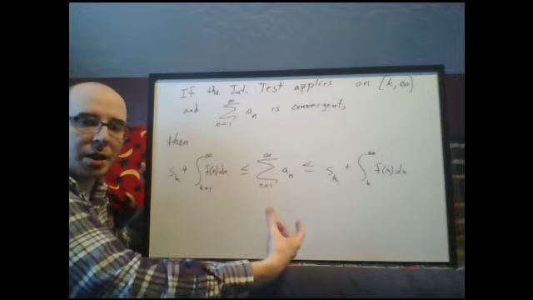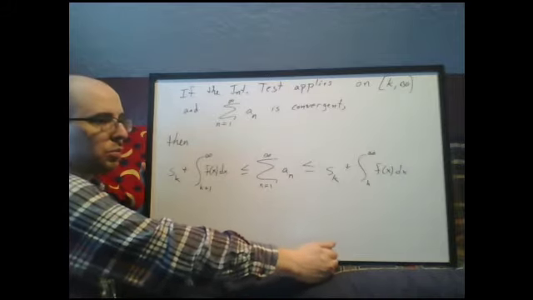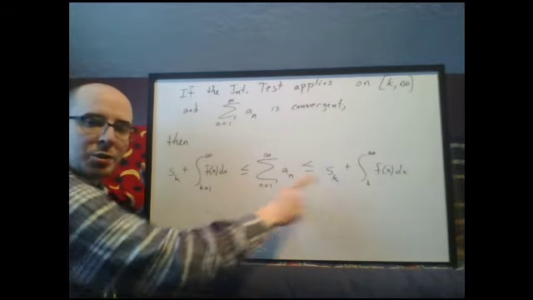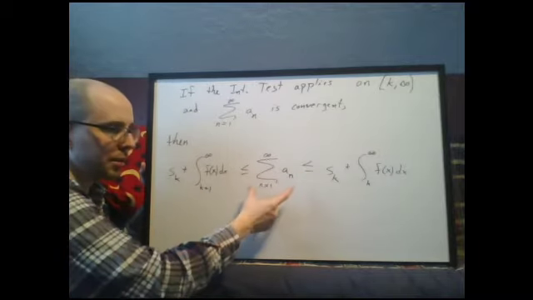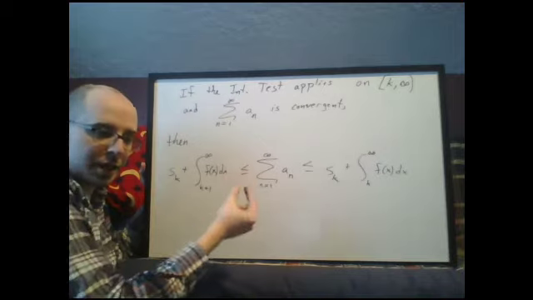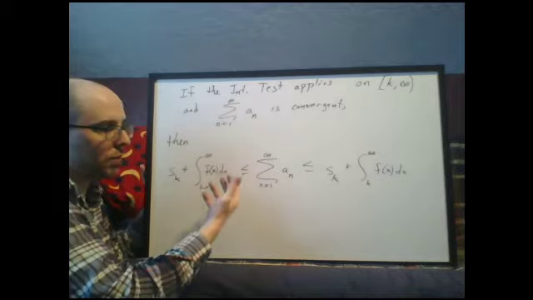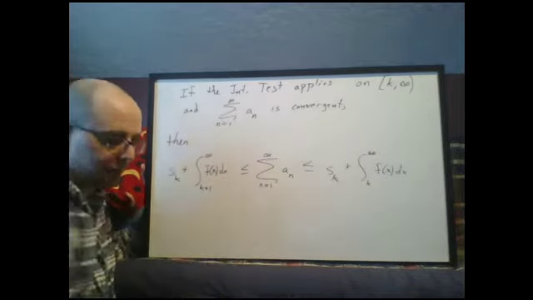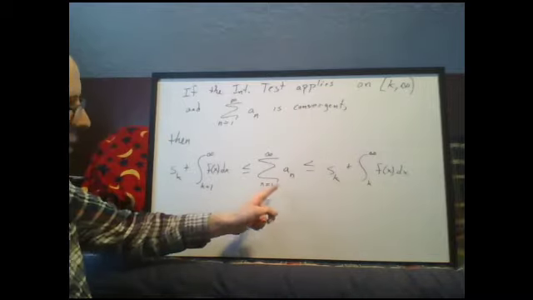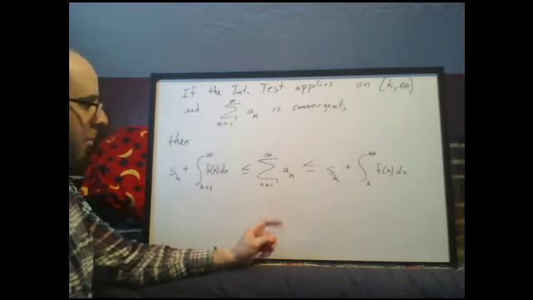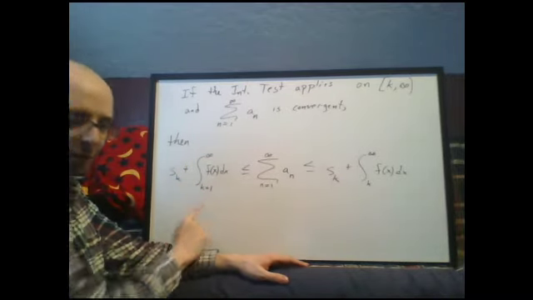And once I answer that question, I can figure out how big of a k I should use to trap the exact value between these two numbers. And then I can compute these two and say the answer for this series is within whatever decimal place, whatever error I want of this number here and this number here. Okay, so we can estimate this to whatever accuracy we want by picking a large enough k and then computing a partial sum and an improper integral.